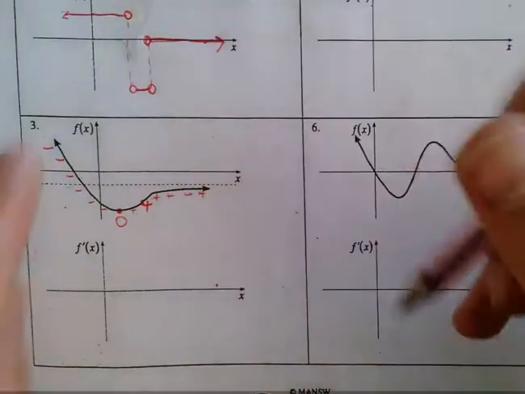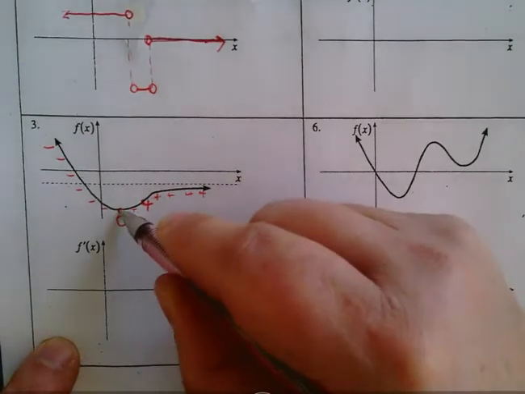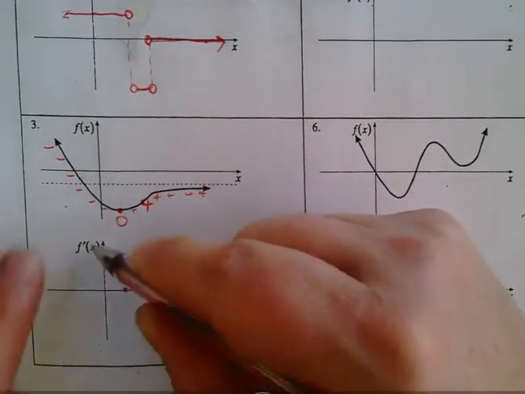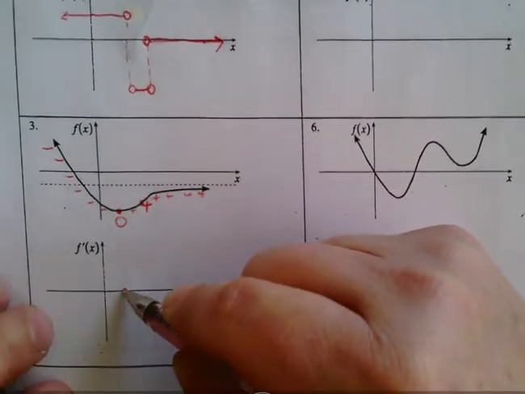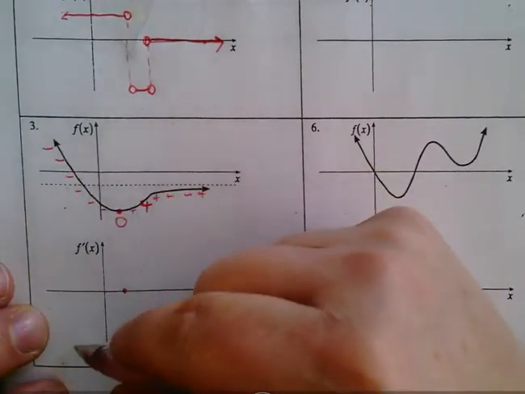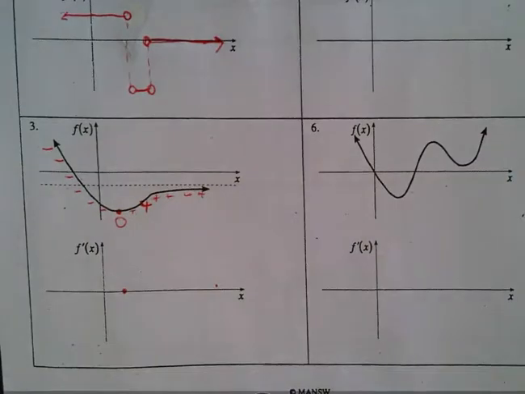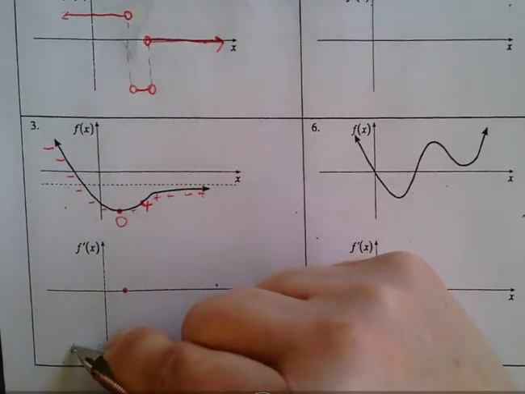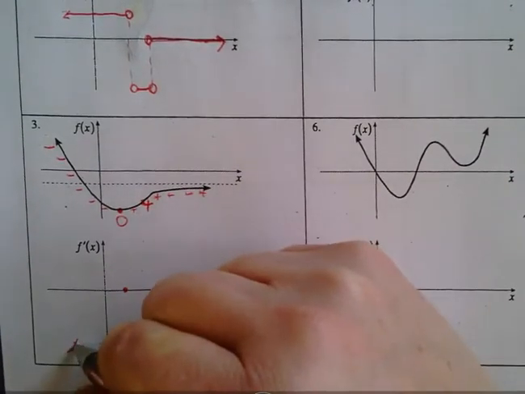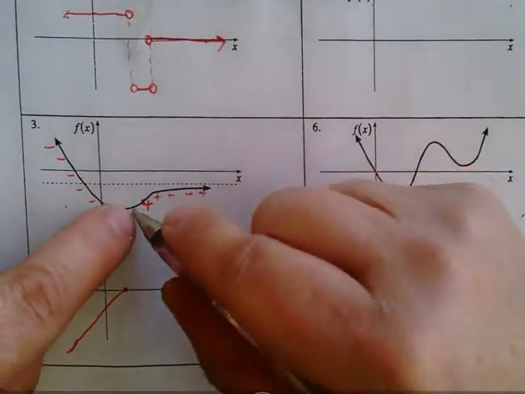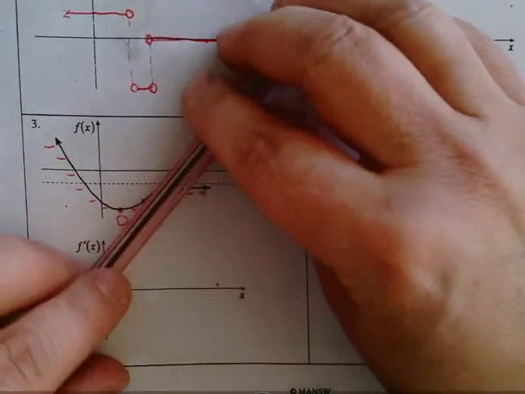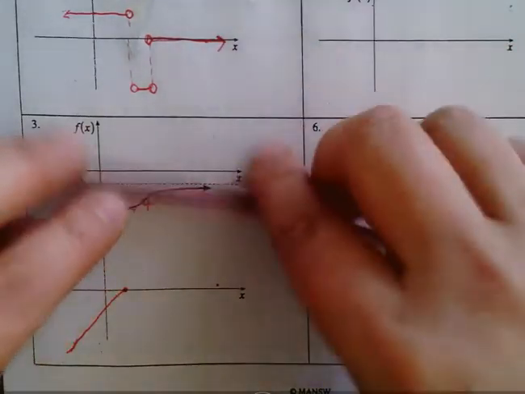So I've got a fairly big negative gradient. At this point here, I've got gradient 0. So this is mapping gradient. My gradient here is 0. My gradient here is negative. Now, I'm just going to draw a line that goes like this. The gradient's positive, and then a bigger positive, and then smaller positive.